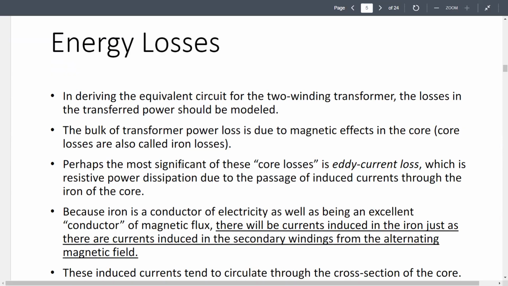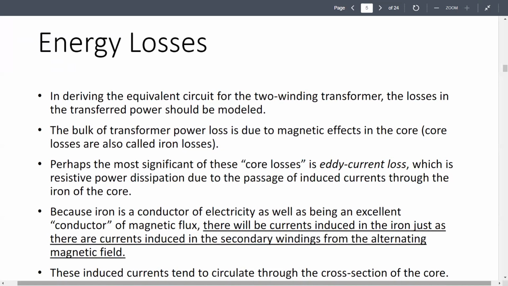If you look at a transformer's figure, we can see that the winding is wrapped around core material. This could be a block of iron, but in reality, what engineers do is slit the whole thing into smaller pieces, thin sheets.